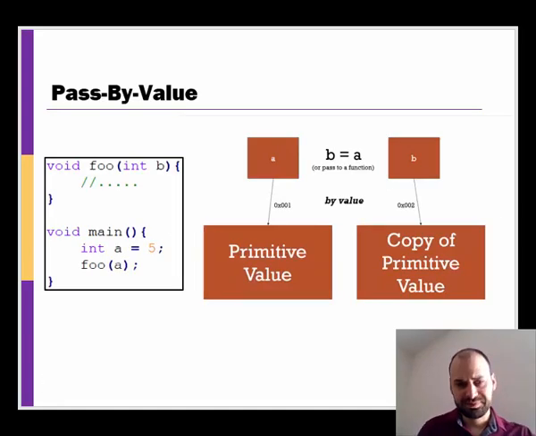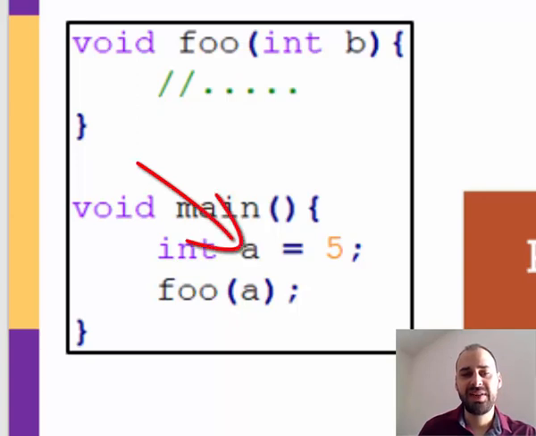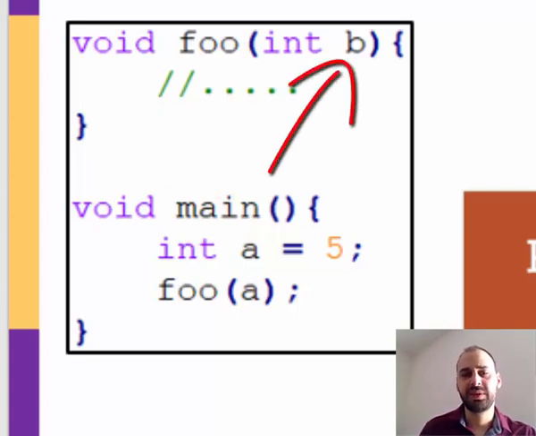Here's our first example, using PassByValue. On the left-hand side, there's a small code snippet. Down in the main function, we have an integer variable a, set to 5, and we're passing that variable into a function called foo. Our function foo takes in a parameter named b.